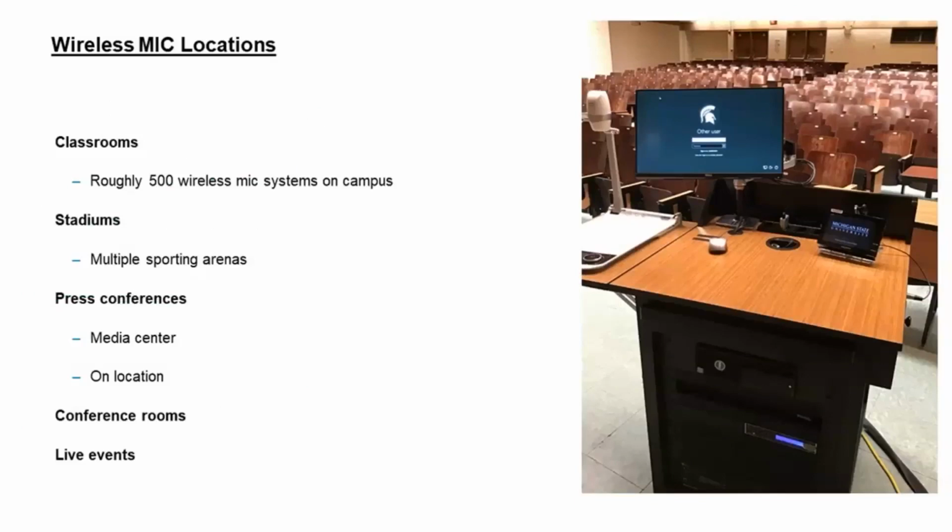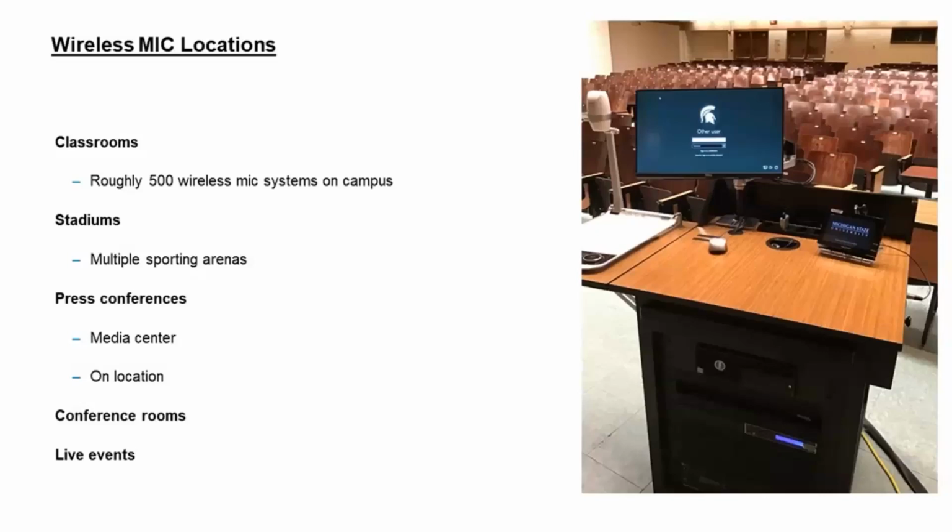I broke this up into several different locations, and I'll elaborate slightly on the next slides. Within rooms like this, there's roughly 500 wireless mic systems on campus. Clearly, classrooms are a big portion of those.